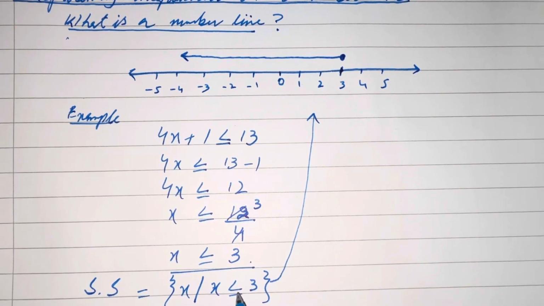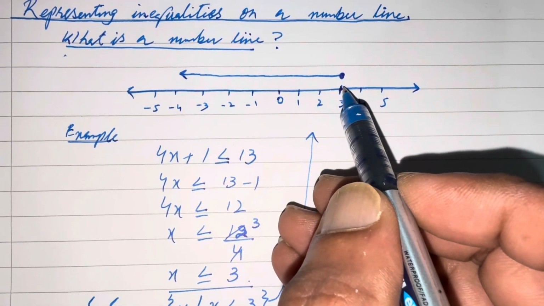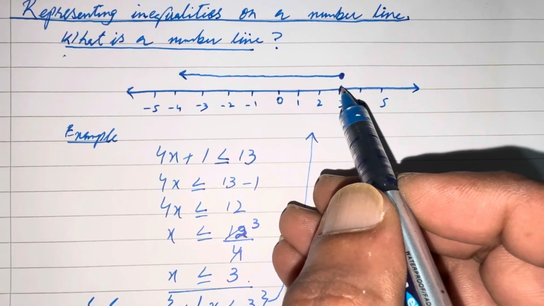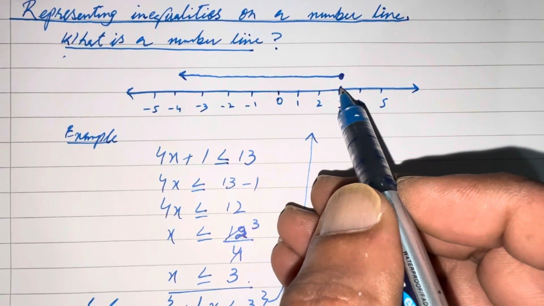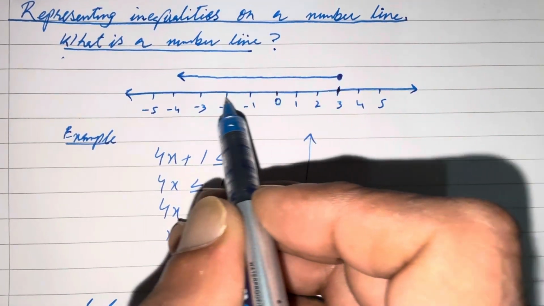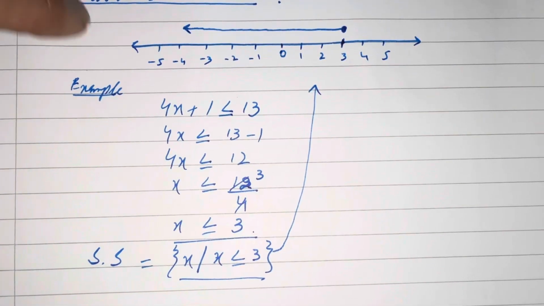So x less than equals to 3 means 3 will be included in this solution set, and from this point 3 on the left hand side, all the values are the solution set of the linear inequality.